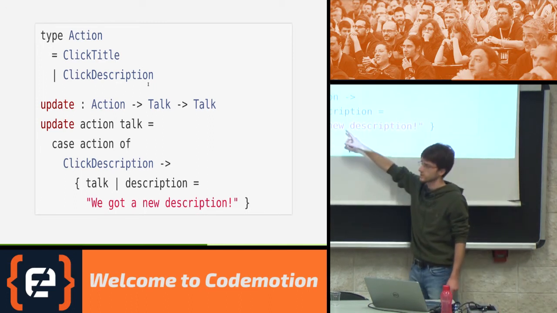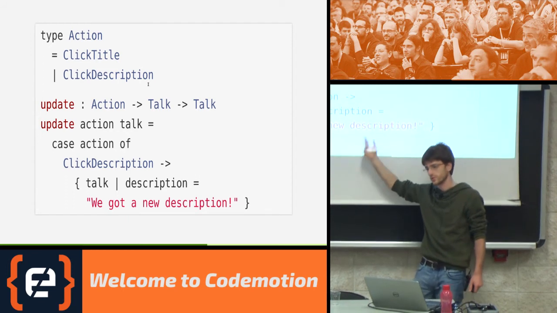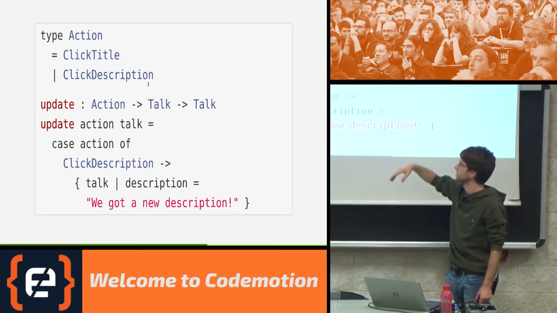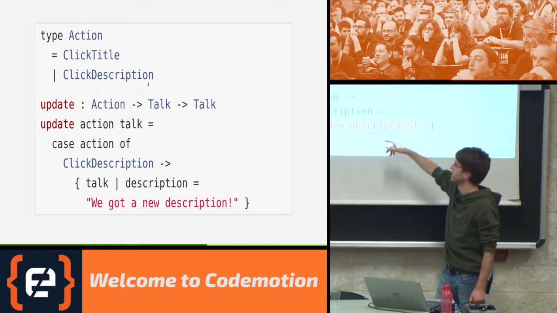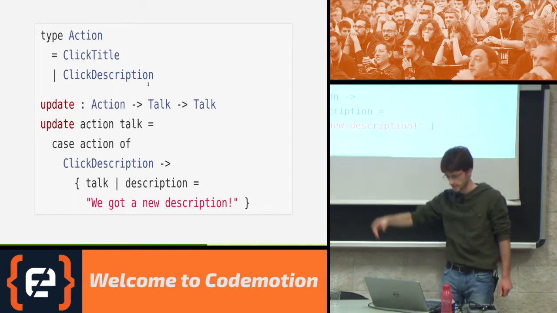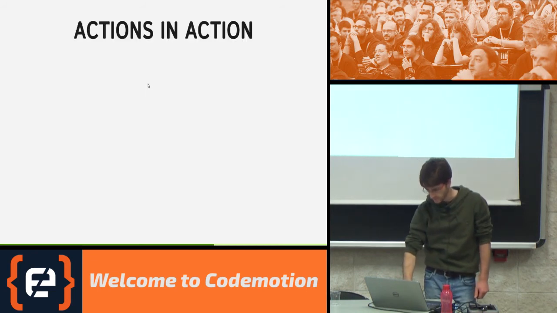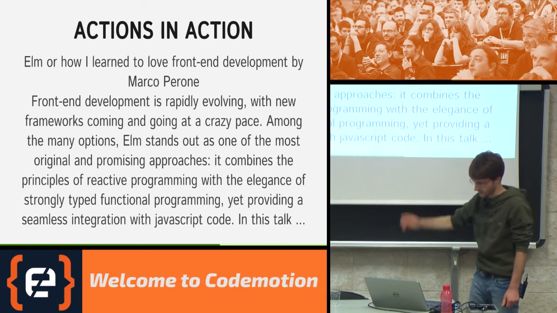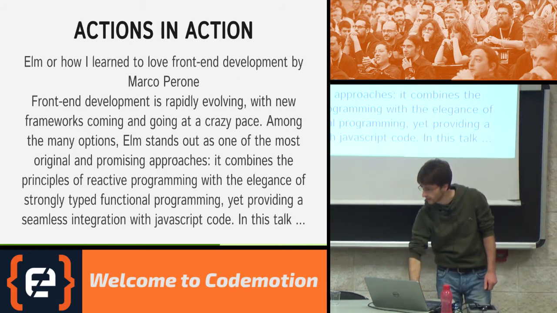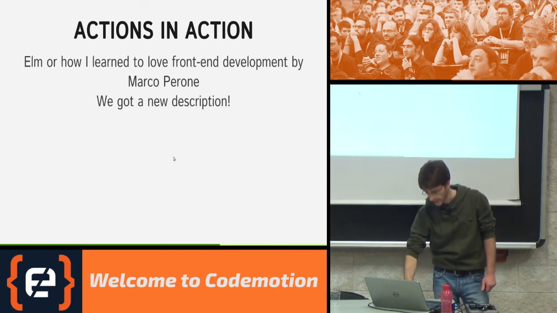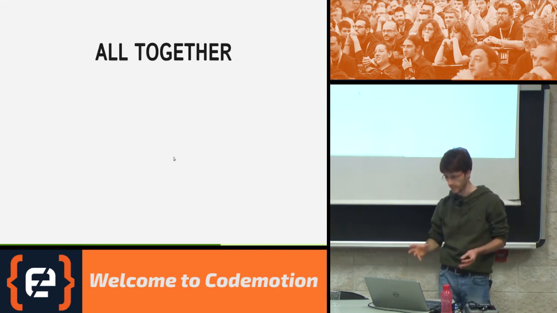Mind you, this is not mutation; it is returning a new model that substitutes the previous one. So let's see this in action. I have the same thing as before, but now if I go with the mouse and click, voila, we got a new description.